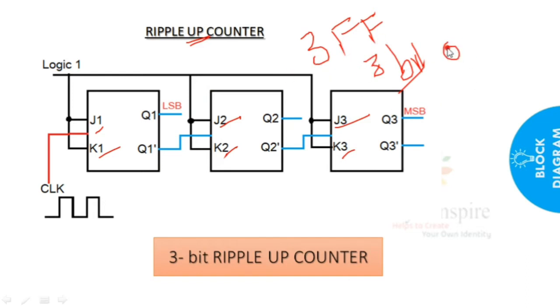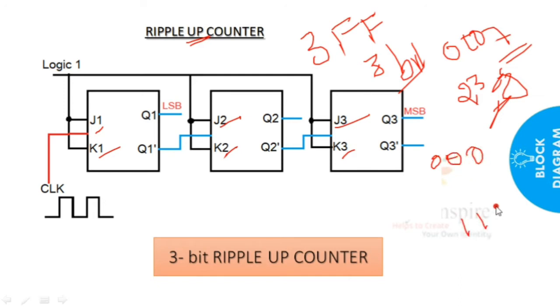Up means from 0 to 2 power 3, that is 8. Total 8 states, 0 to 7. So, 0 to 7 means 0, 0, 0 to 1, 1, 1. In this way, I am going to count my states from 0, 0, 0 to 1, 1, 1: 0th state, 1st, 2nd, 3rd, up to the 7th state.